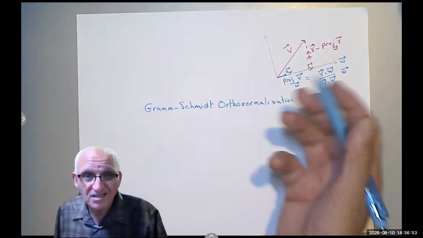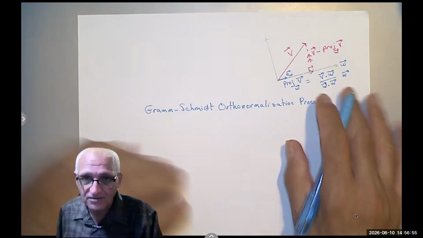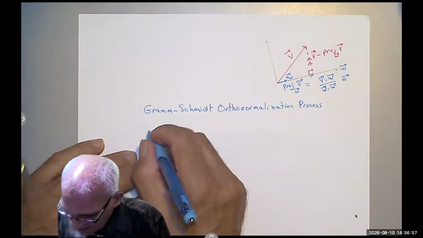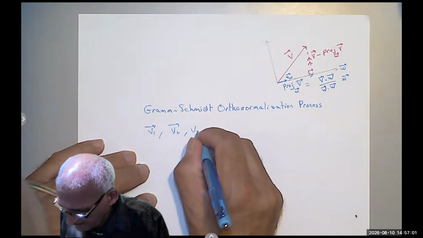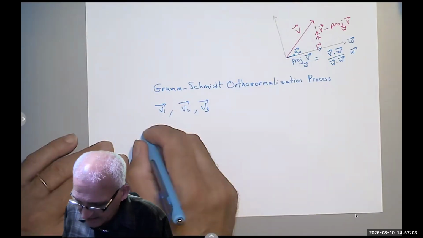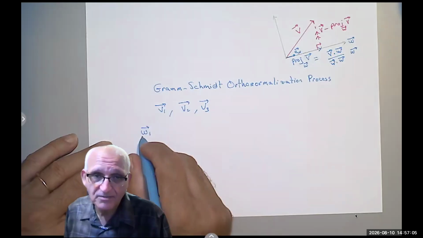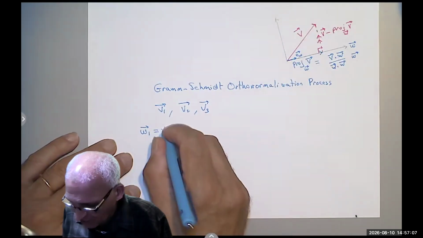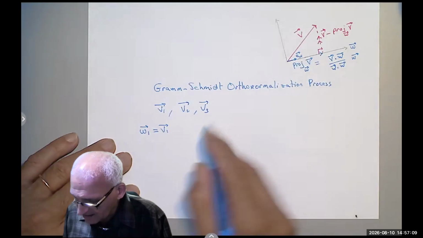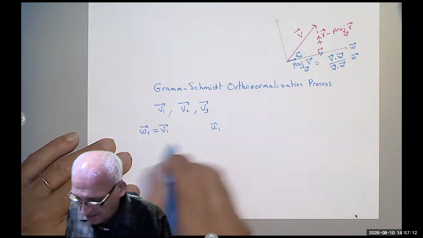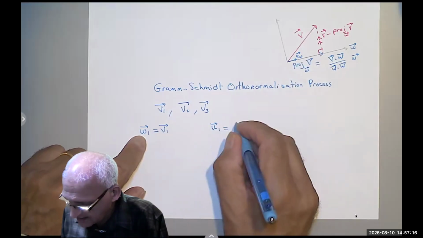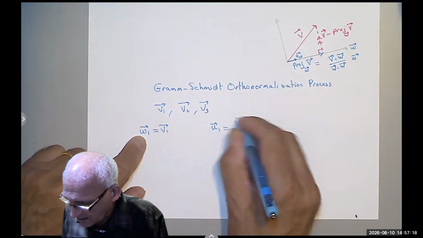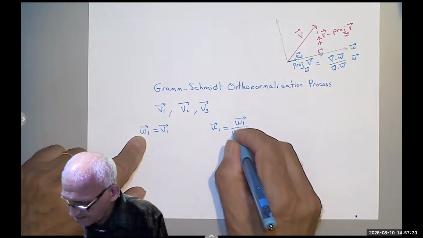So suppose we have 3 vectors in R3, V1, V2, and V3. I will say that my new vector W1 equals V1. That's it. And from here, I can find U1, a unit vector, as W1 over its magnitude.